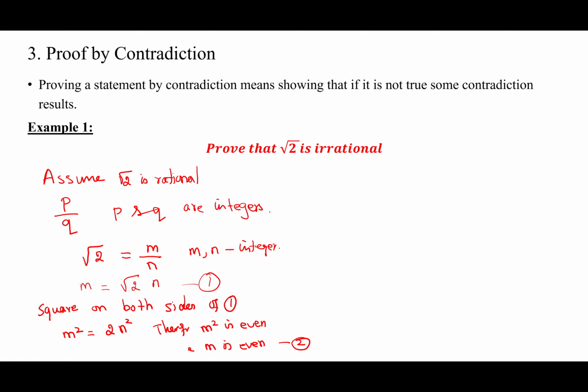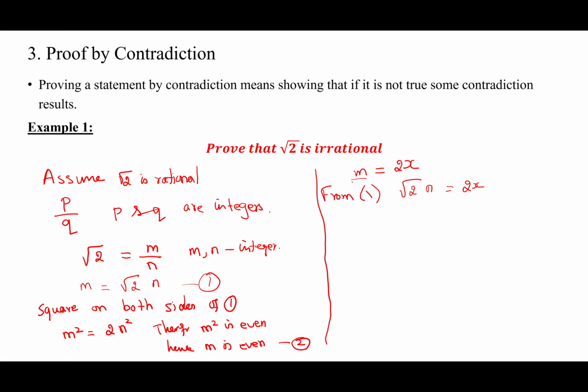So m is even, right? So we can write m is equal to 2x. Then from equation 1, instead of m, we can write root 2 n. Root 2 n is equal to 2x.